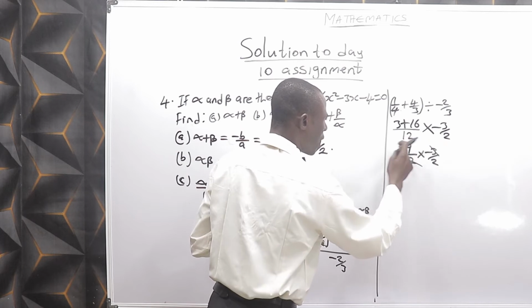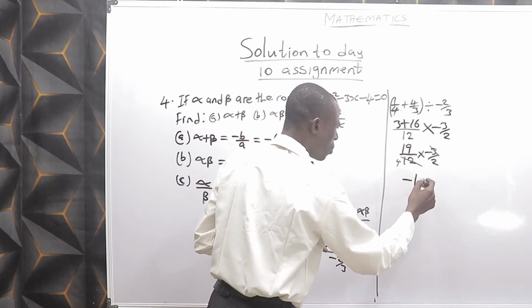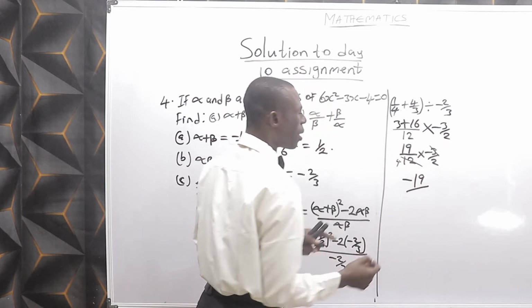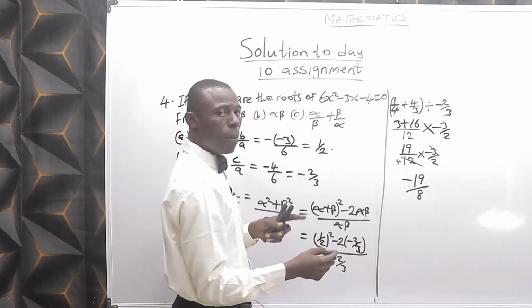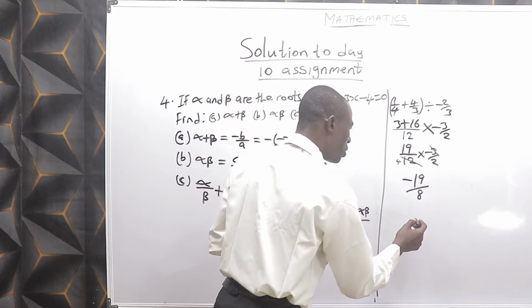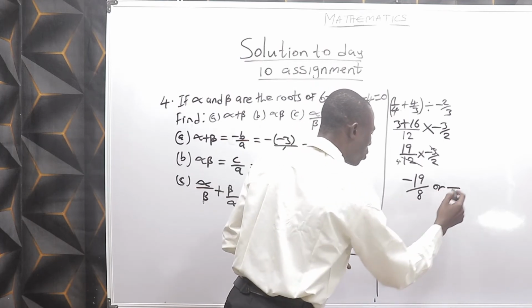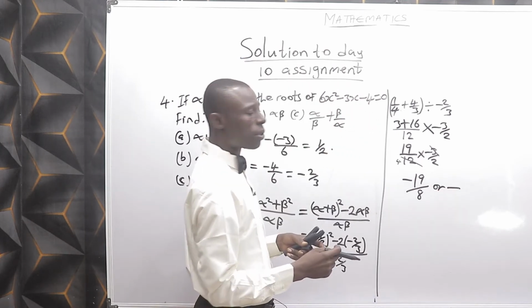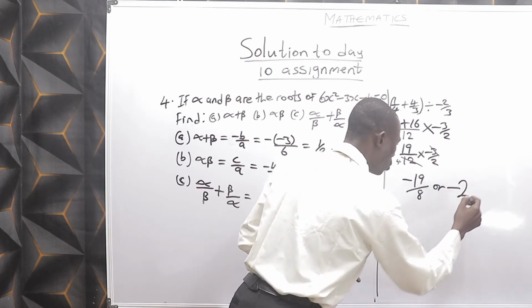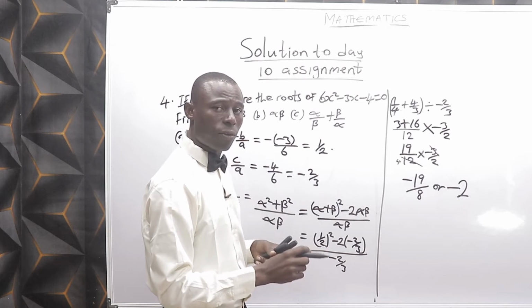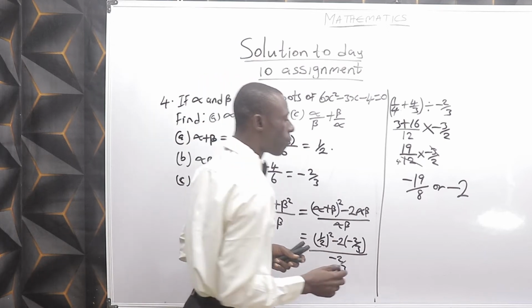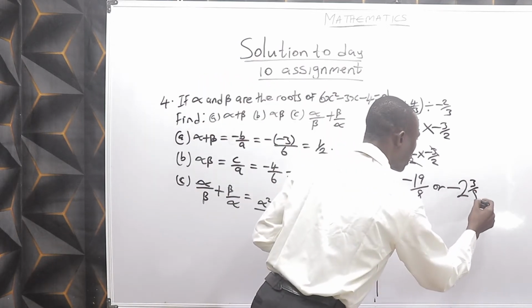So minus 1 times 19 gives minus 19 all over 4 times 2, that's 8. Minus 19 over 8 is the answer. Or we write, 8 in 19, that is 2. 8 times 2 is 16. Subtract 16 from 19. What do you have? You have 3. You have minus 2 and 3 over 8.